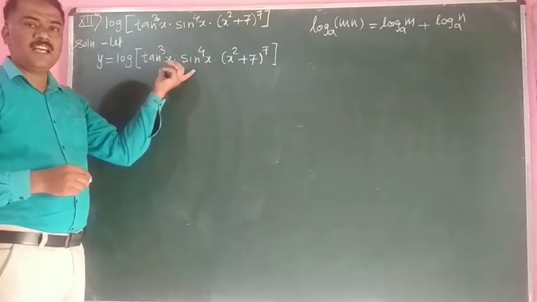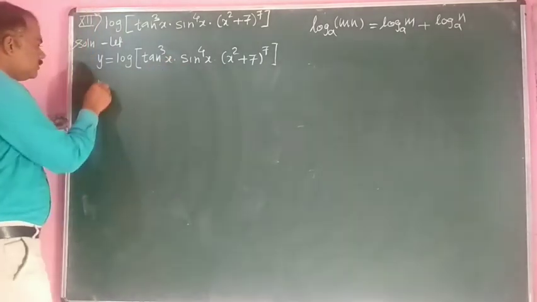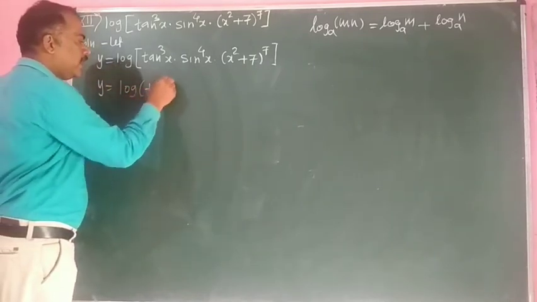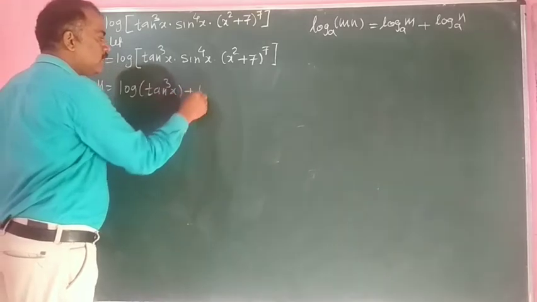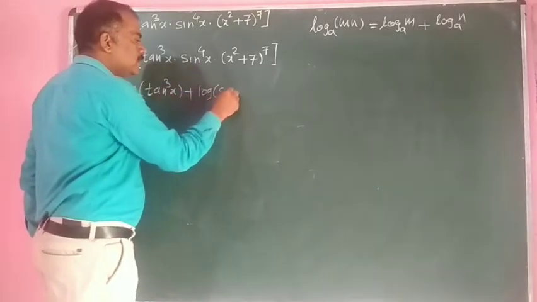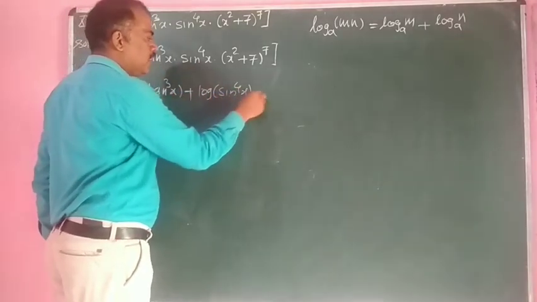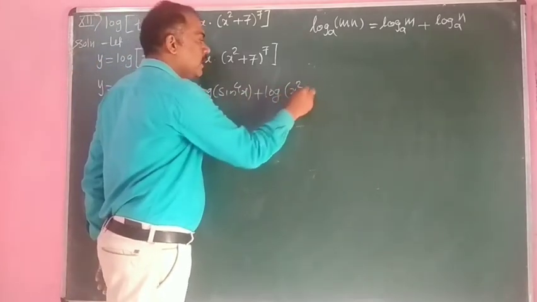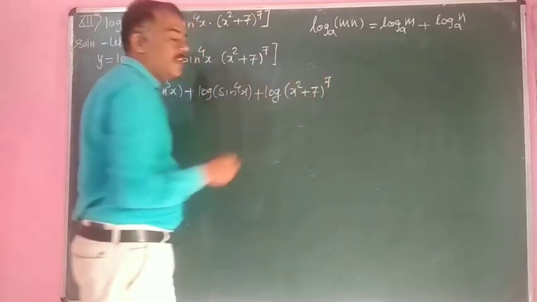Here a product is there, so we take the addition. That is, y is equal to log of tan cube x plus log of sine x raised to 4 plus log of x square plus 7 raised to 7.